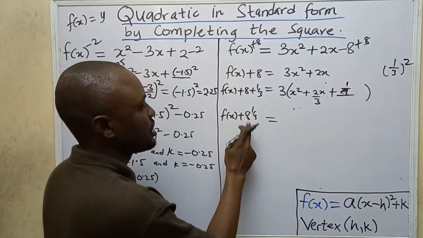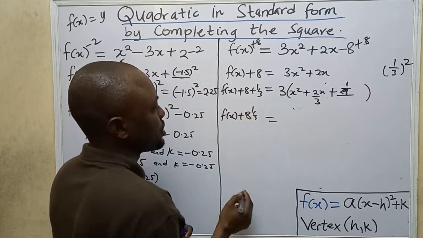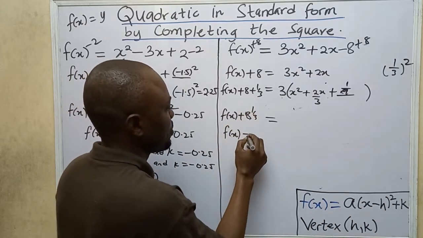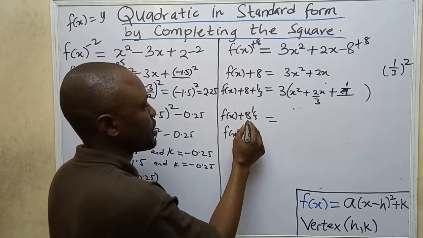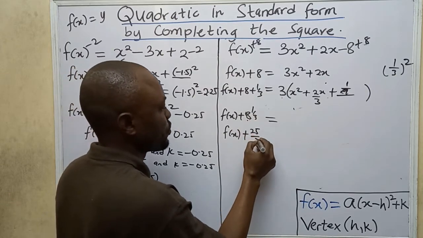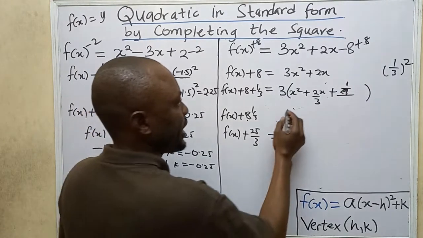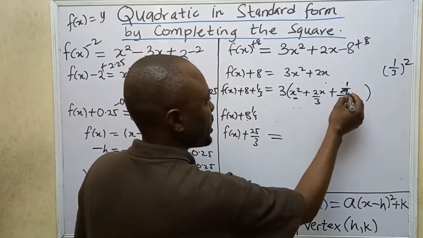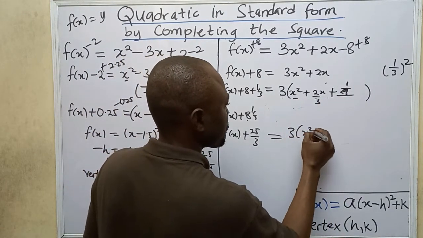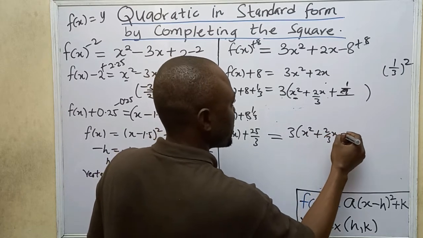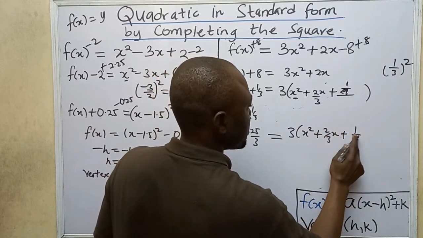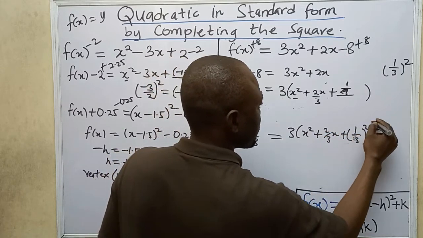Now if I change this to a mixed fraction, I'll get f of x plus 25 over 3, from 24 plus 1 over 3. So here, this has a square, I can put this in this form, 2/3 x plus 1 over 3 all squared, because it's the same thing.